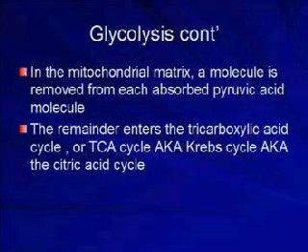In the mitochondrial matrix, a molecule is removed from each absorbed pyruvic acid molecule. The remainder enters the tricarboxylic acid cycle, or the TCA cycle, also known as the Krebs cycle, also known as the citric acid cycle. You should be familiar with those terms.